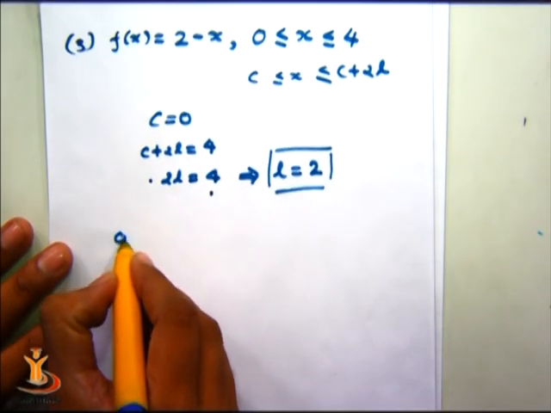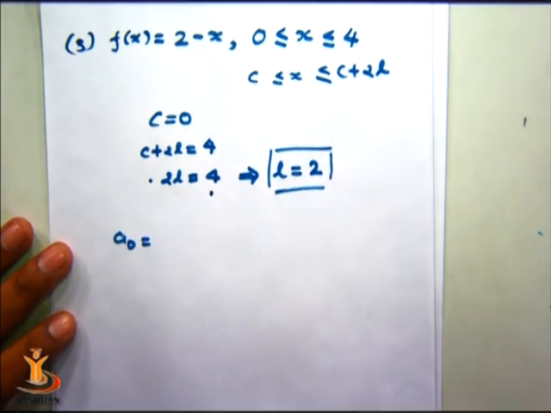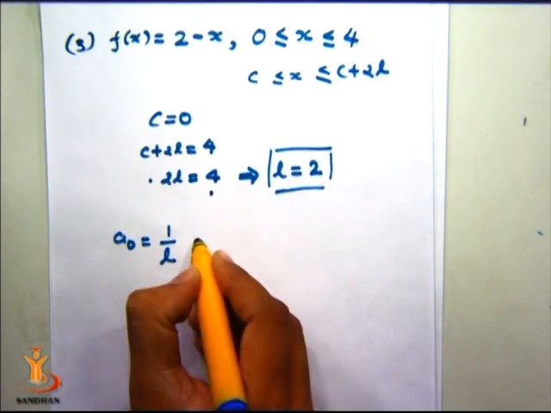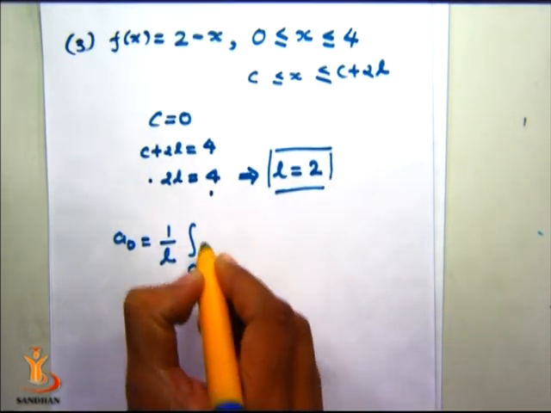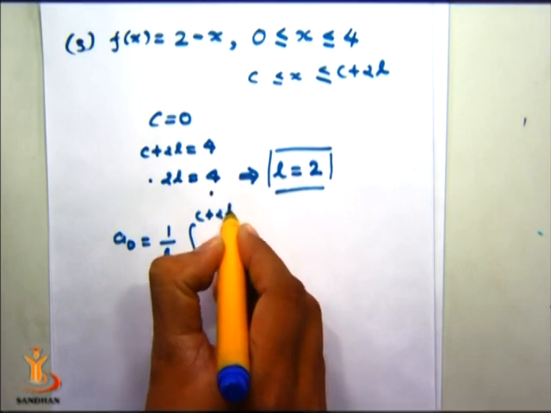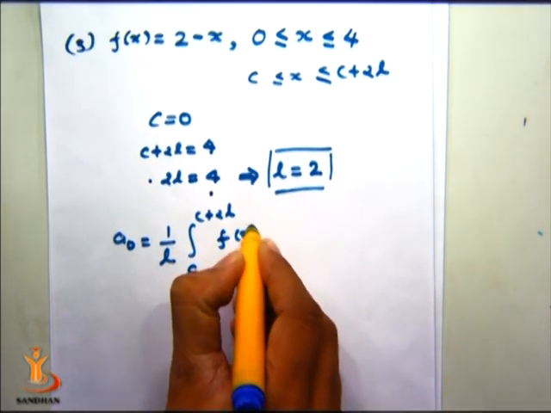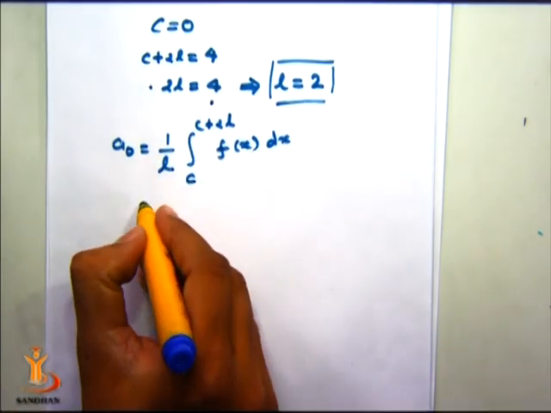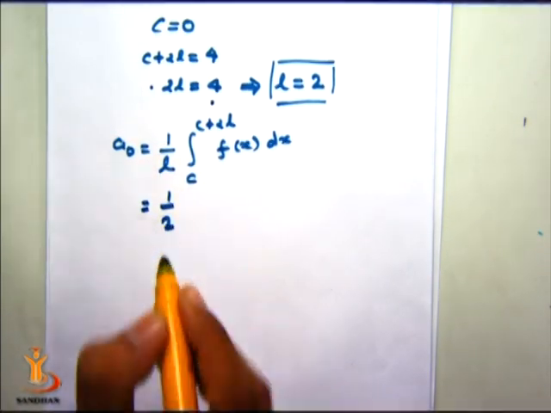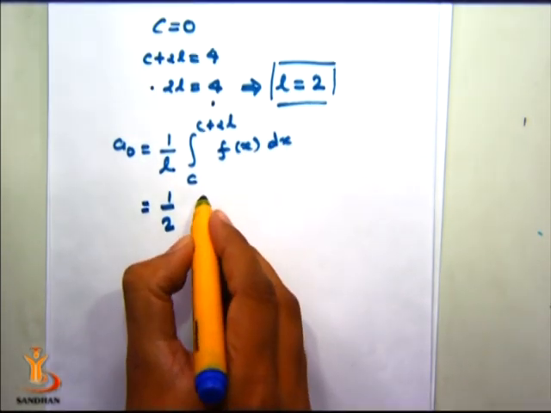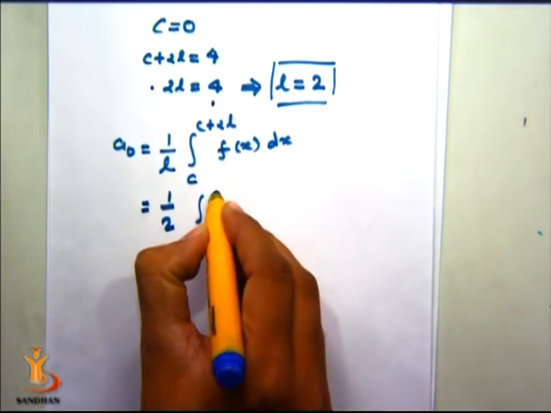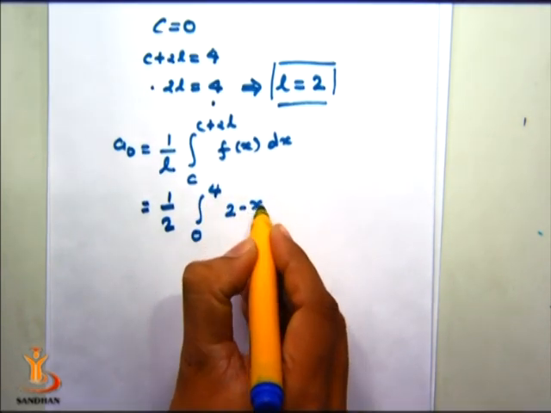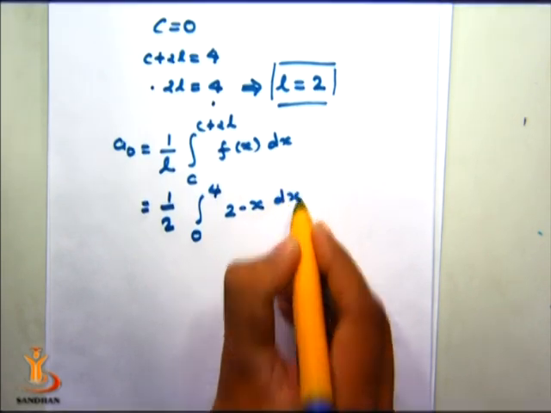Now to calculate our Fourier coefficient a0, let's recall its formula: 1 by L integration from c to c plus 2l f of x dx. So it is 1 by 2 because L equal to 2, integration from 0 to 4, f of x is 2 minus x into dx.